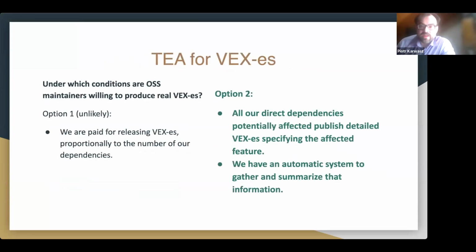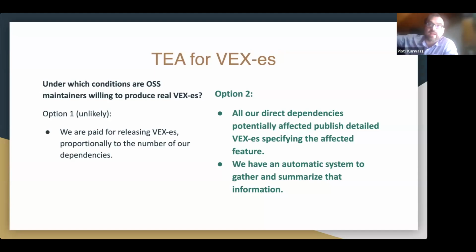After some time, I got convinced that yes, VEXes are important, even for an open source library, so we can help other projects manage their vulnerabilities, especially open source ones. I don't really care about commercial ones.